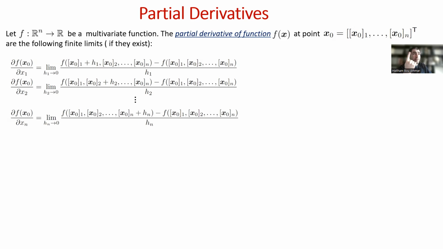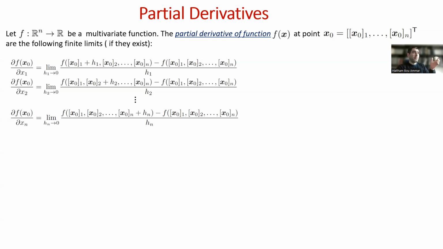And because you have n different components, the number of these partial derivatives will also be n. But each of these partial derivatives, again, is computed as if you freeze all the other components that are not relevant for the computation of the specific partial derivative to some value.